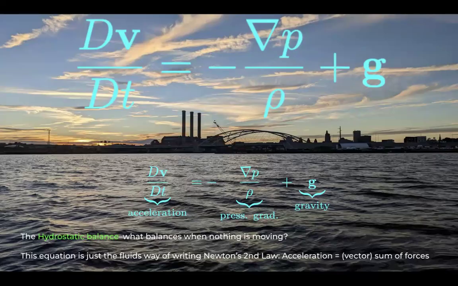Does it have to be totally motionless to consider a hydrostatic balance? So consider what happens if I set this to zero. What if it's moving but just not too much? Sounds good.